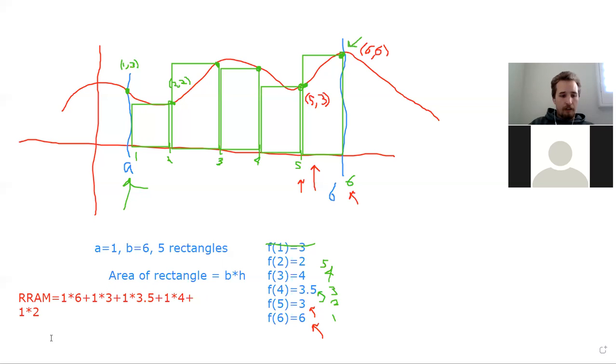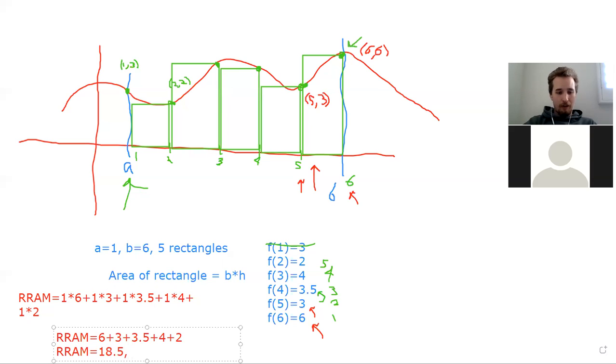And so from there, the math is pretty simple. To get your RRAM, you get 6 plus 3 plus 3.5 plus 4 plus 2. And that is what? I think 18 and a half. Yep, 18 and a half. And that's your answer.